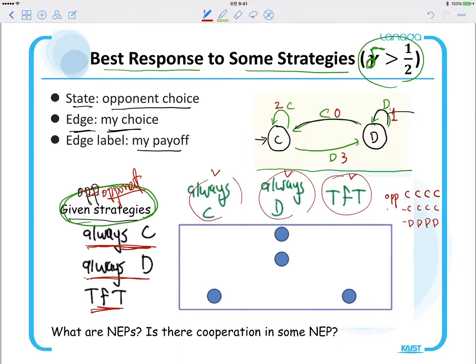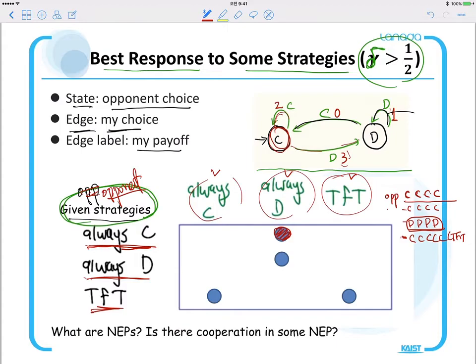If my opponent is here in C, then by choosing C, I'm going to get 2, but by choosing D, I'm going to get 3. If my opponent's strategy is C, then obviously choosing D will be the best response. Otherwise, if I choose tit for tat, then what happens? I'm C and C. This is my tit for tat for the opponent strategy of C. So that's why this is the best response.